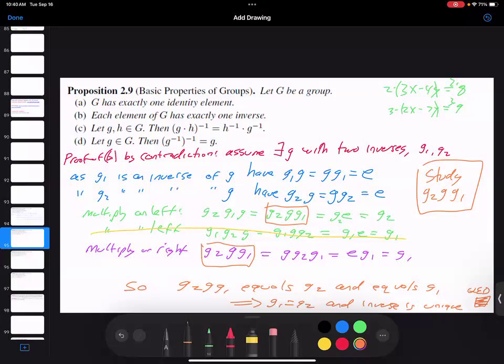Is there more than one way to compute this? Yes. How could I compute this? G2 bracket GG1. So I could do G2, then GG1, or how else could I do it?